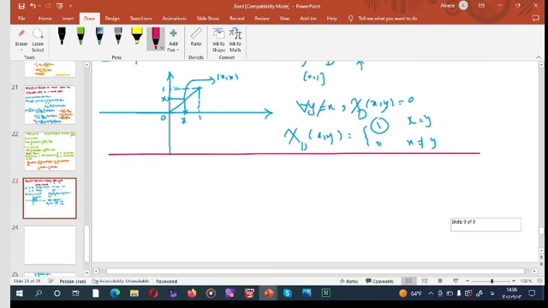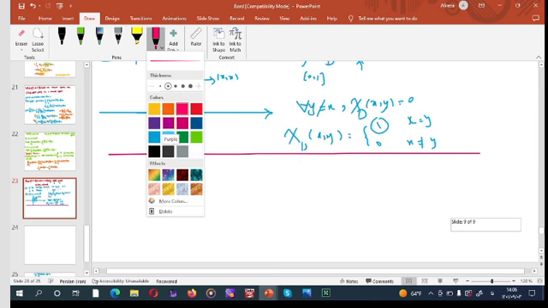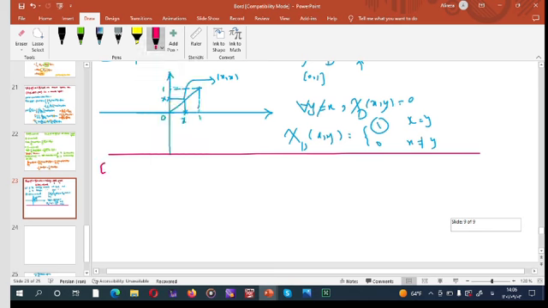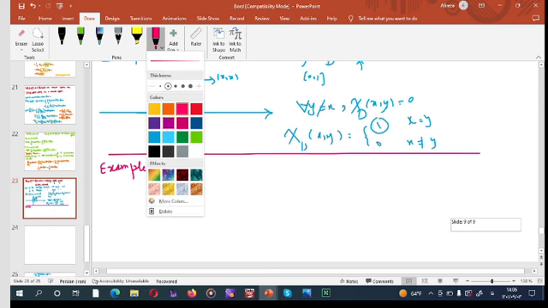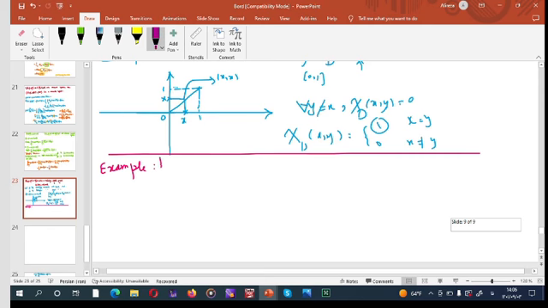As another example, let X equal Y equal the natural numbers, or Z plus. Okay, mu equal nu equal counting measure.